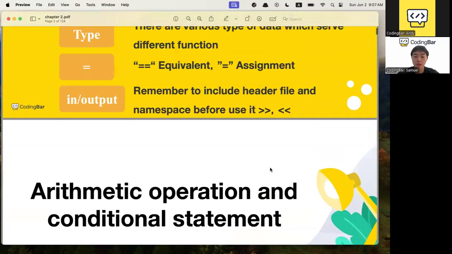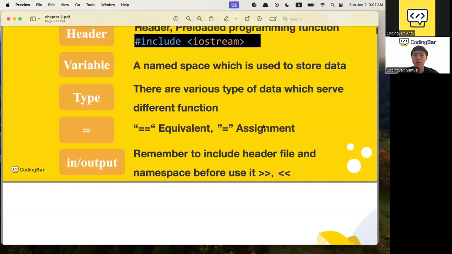For example, it means you are assigning a number to a variable. However, if you want to do an equivalence comparison, you have to make it double equal. Double equal in C++ is like the single equal in mathematical expression.